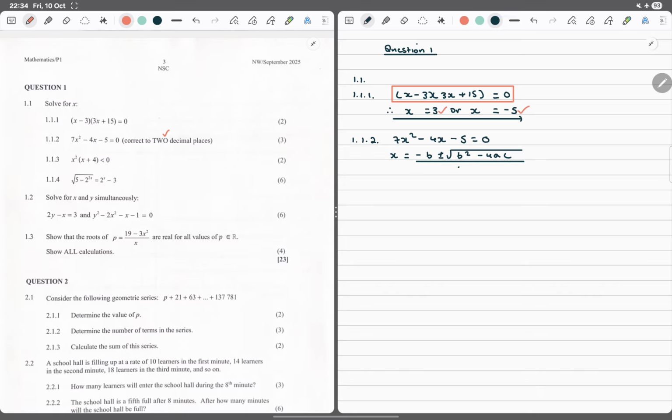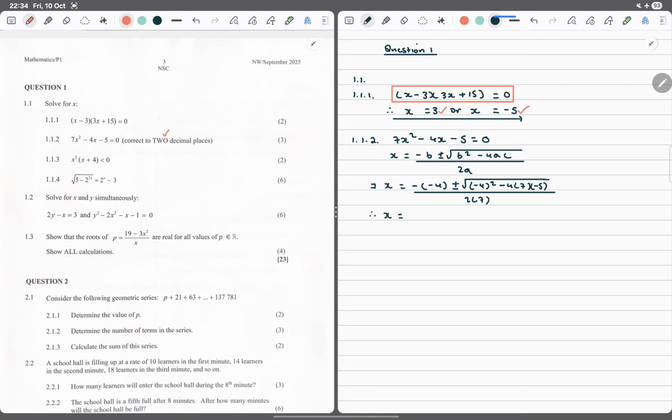Okay, so this is over 2a. So this implies that x is equal to minus into minus 4, plus or minus the square root of the square of minus 4 minus 4 into 7 into minus 5, all of this divided by 2 into 7.